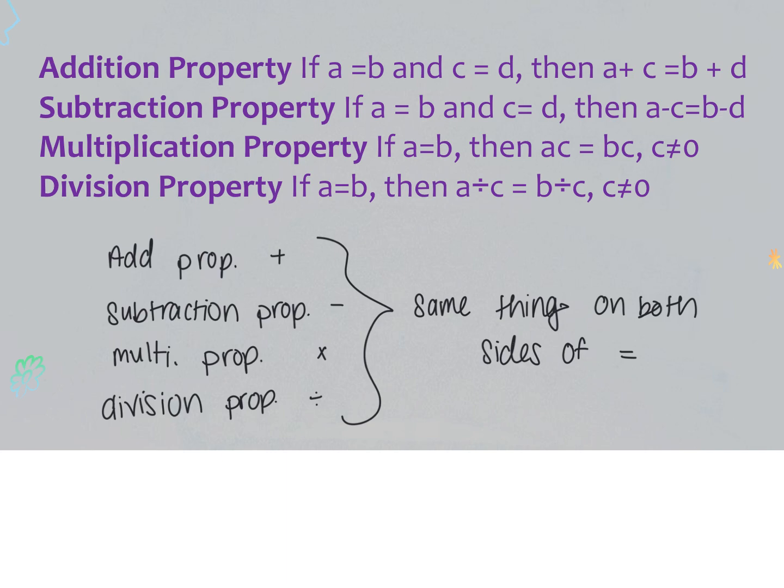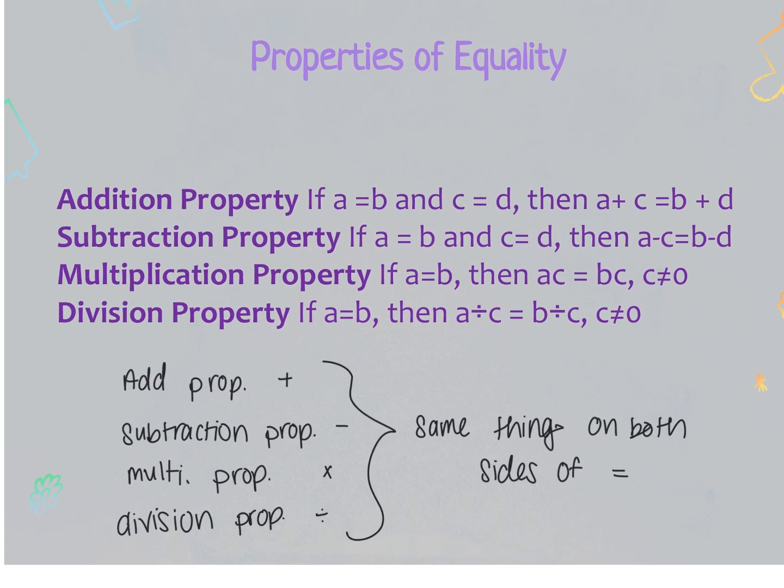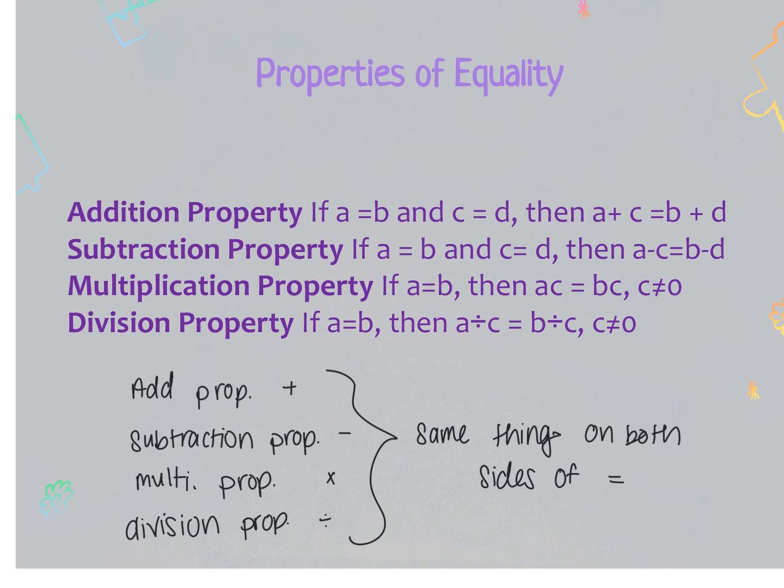So when you have something moving over, just remember it has the word equality, equal. That is property of equality. You can also shorten properties of equality. Instead of writing the whole thing out, you can write it as POE, properties of equality. So just shortening it a little bit for you, so you don't have to write the whole thing.